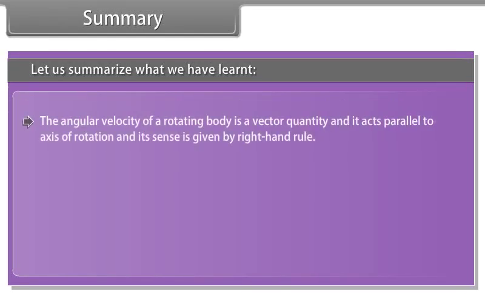The angular velocity of a rotating body is a vector quantity and it acts parallel to the axis of rotation, and its sense is given by right-hand rule.